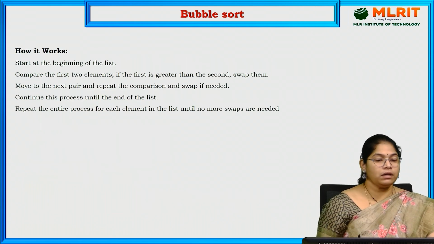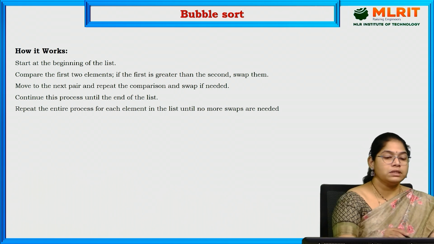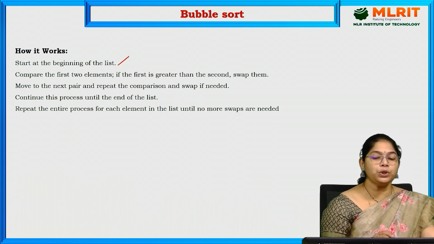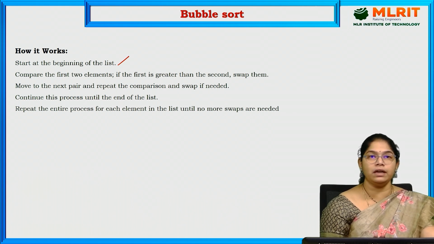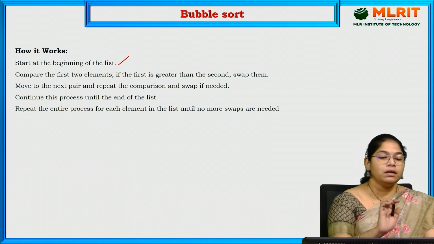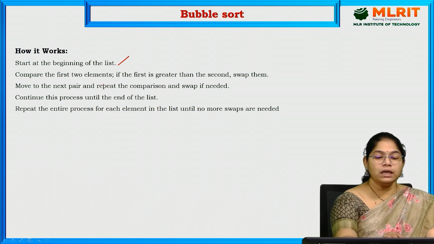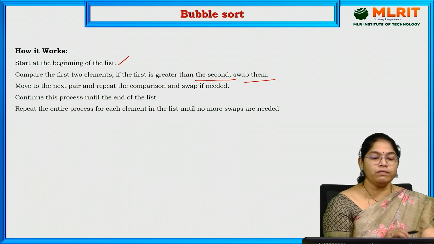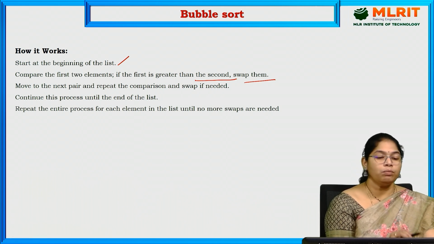Then how it works. Start at the beginning of the list. Compare the first two elements, because two adjacent elements are to be compared here. If the first is greater than the second, swap them. If they are in the wrong order, then we have to swap the elements. Move to the next pair.